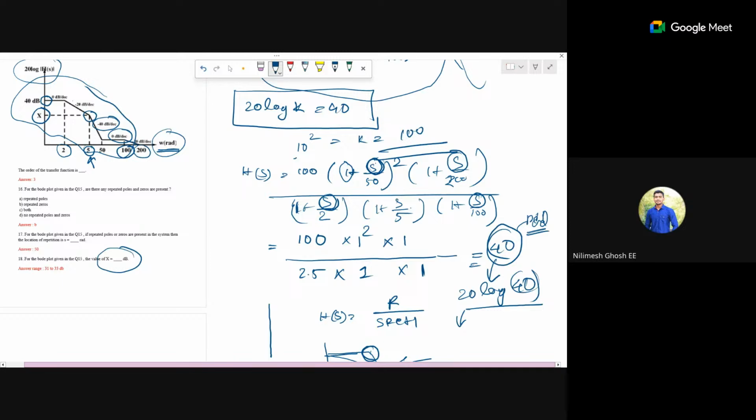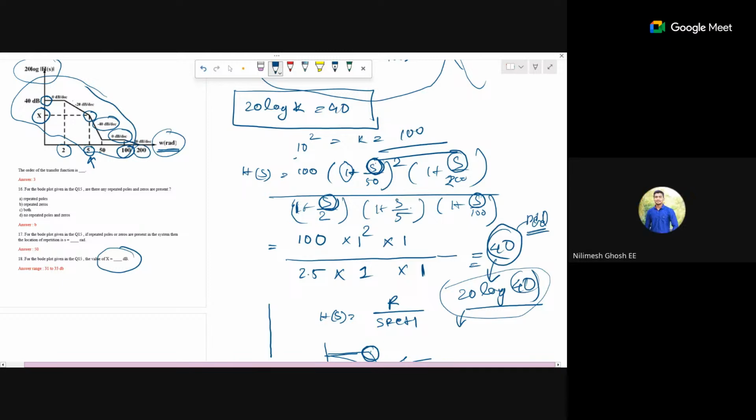Can you do this calculation? What is the value of 20 log 40? Yes, sir, we can do it. Do it and tell me the answer. Just put it in the calculator. 1.6 into 20, sir, one simple calculation. Log 40 we can write as log 4 into 10, and then use the multiplication property: log 4 plus log 10.